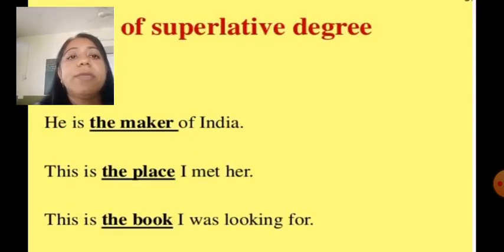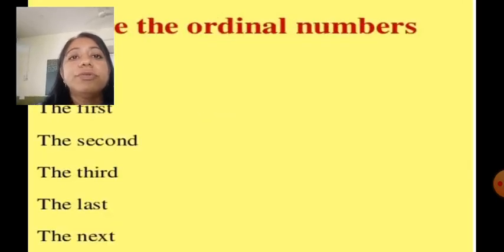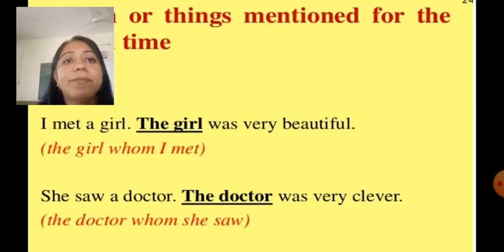He is the maker of India. This is the place I met her. This is the book I was looking for. The is also used with ordinal numbers. For example, the first, the second, the third, the last, the next, etc.